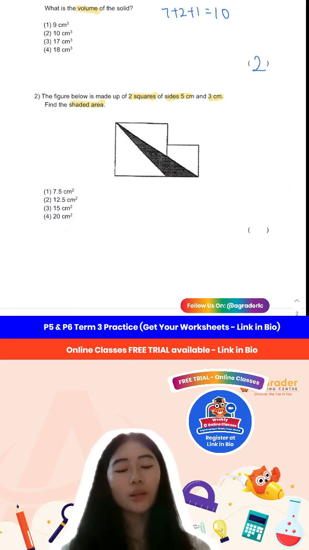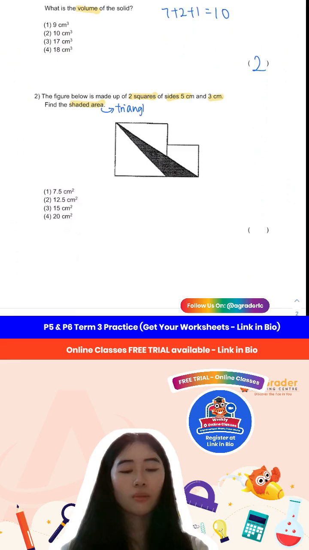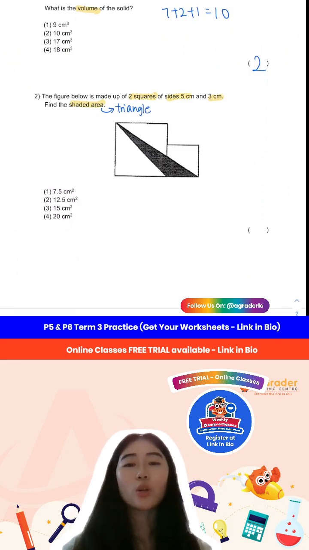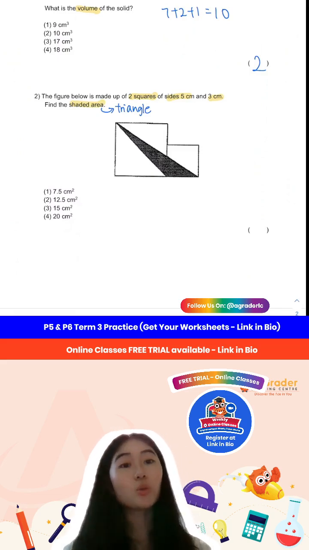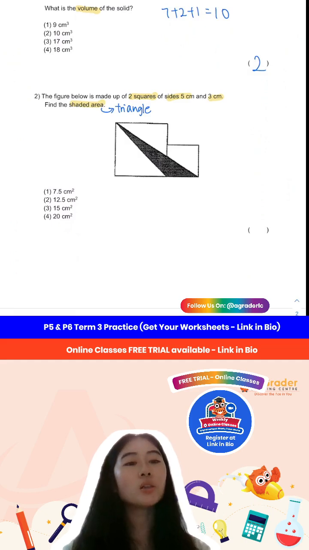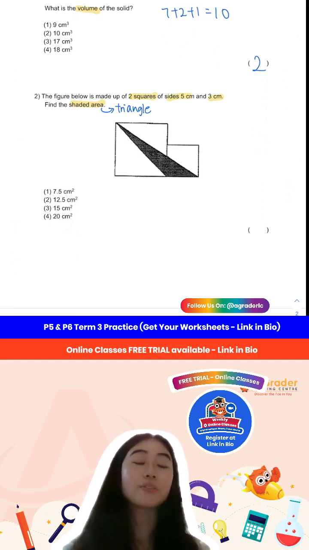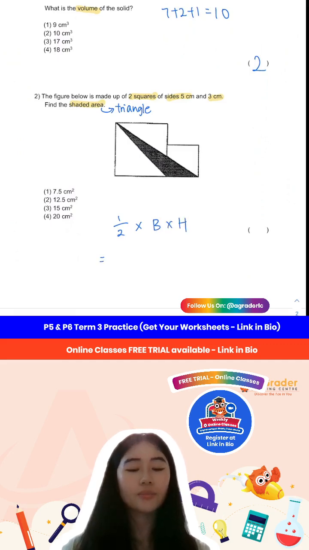So your shaded area is actually a triangle, isn't it? So this question is testing you on area of a triangle, which you should know the formula for. Okay, so Wong said that you can use the formula half times base times height. So yeah, that is correct. Half times base times height for area of a triangle.